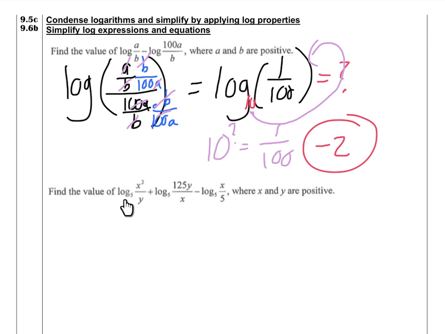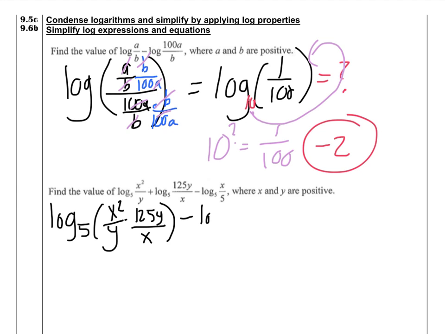This one here, same thing, but now we have log base 5. We can bring together addition into multiplication and subtraction into division. Let's just do this first part here and then see what we get. So I'm going to do log base 5, and it's x squared over y, and we're going to bring together the 125y over x, and we'll come back and get that last part.